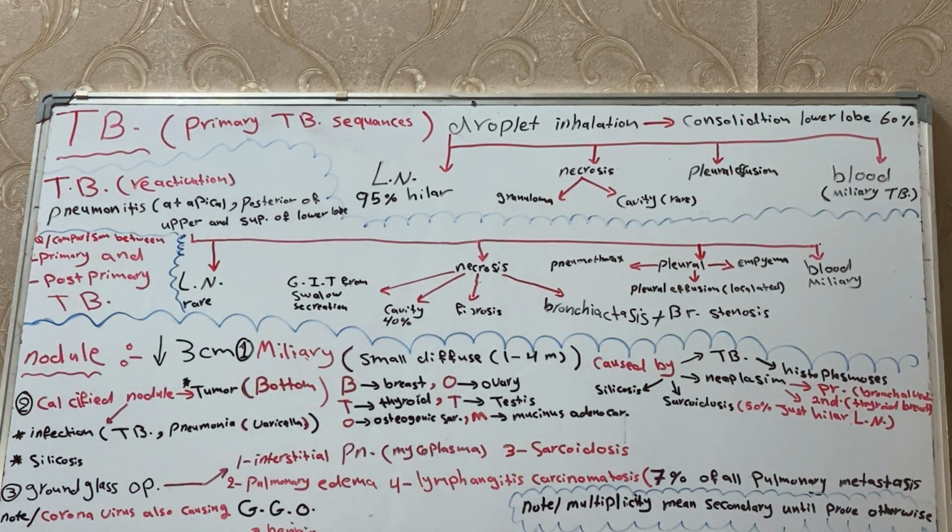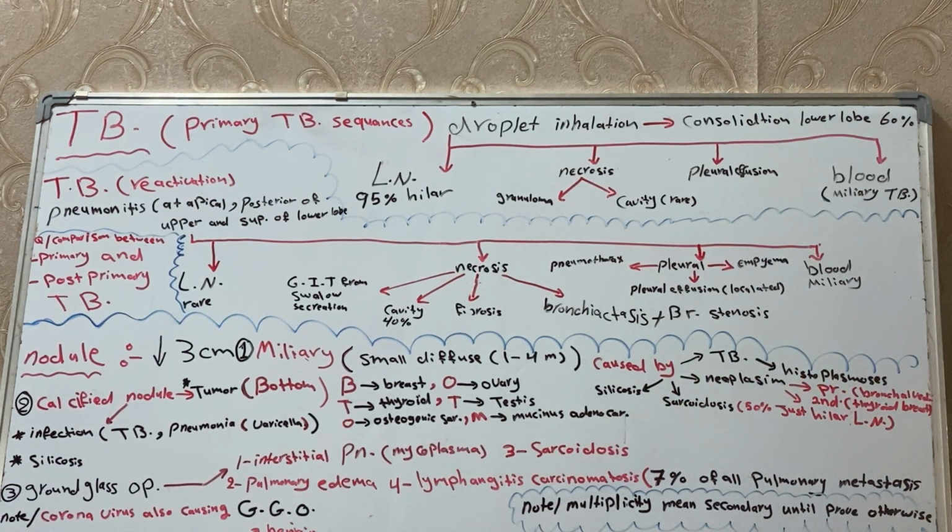The miliary is small, diffuse, 1 to 4 mm, caused by miliary TB, histoplasmosis, neoplasm either primary or secondary, primary bronchoalveolar carcinoma, secondary thyroid and breast, sarcoidosis, silicosis, sarcoidosis 50%, just hilar lymph node.